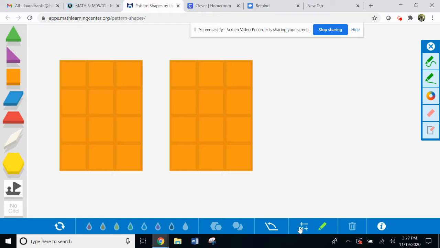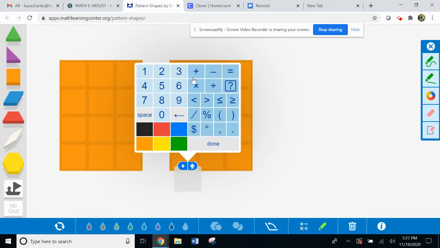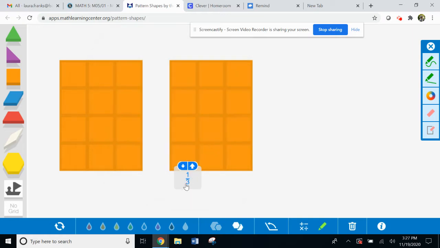So if we want to change our equation, so let's say instead of having 1/2 of 24, I want to find 1/3 of 24. I have a nice little text feature that they have on the app.